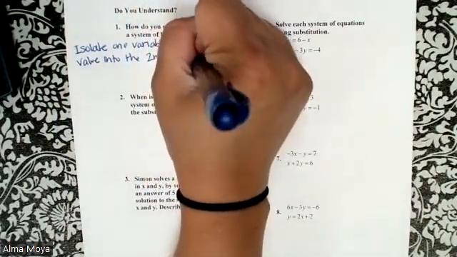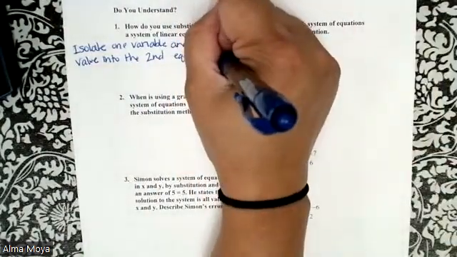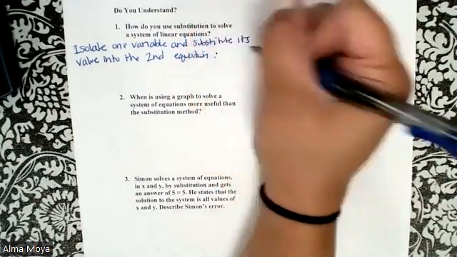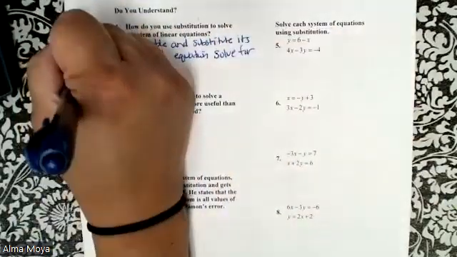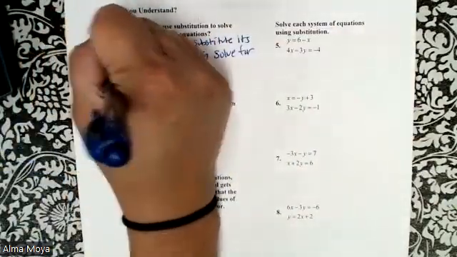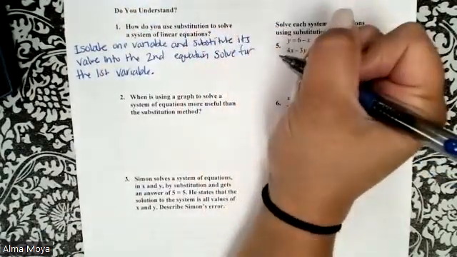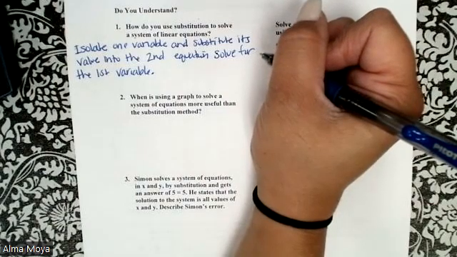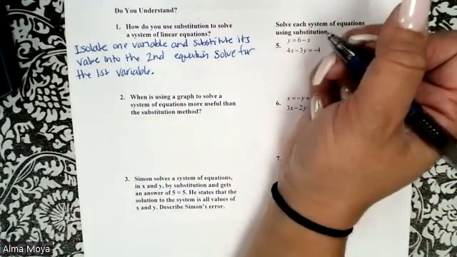Do not plug it into the same equation. You have to plug it into the second equation. Then we need to solve for the first variable. When we are done, we need to substitute the value of the first variable into the second equation to solve for the second variable.